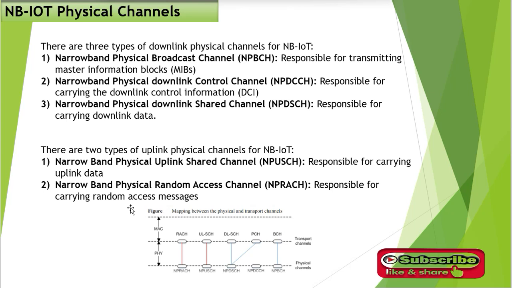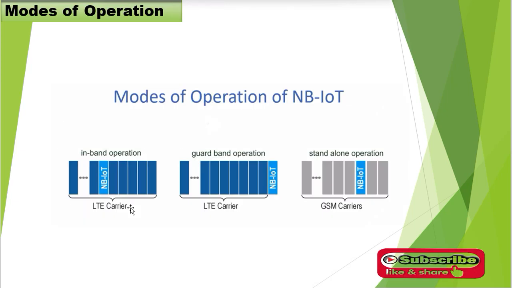Okay, so there are some modes of operation in which NB-IoT is configured. Okay, first at the right side you can see standalone operation which is used for GSM carrier. In standalone deployment scenario, operators deploy NB-IoT using existing idle spectrum resources.